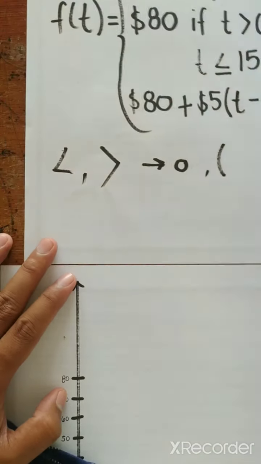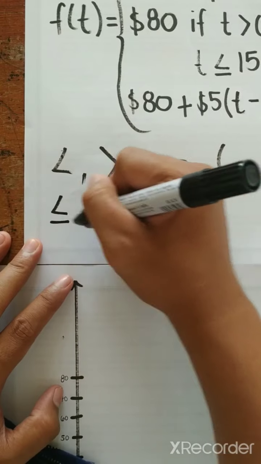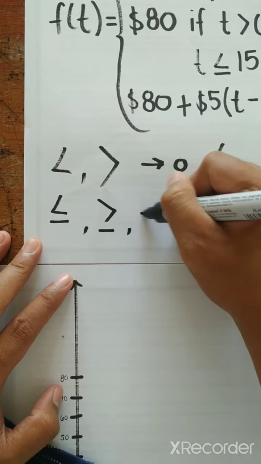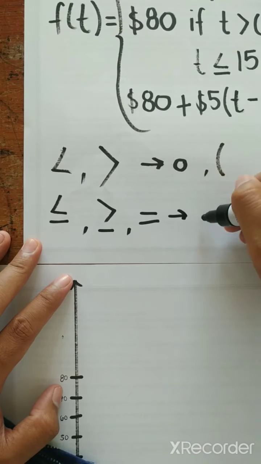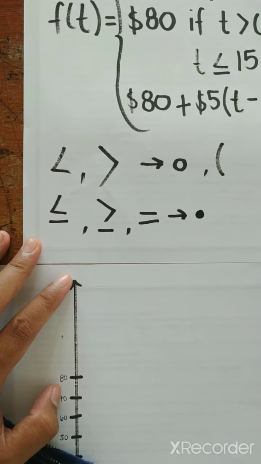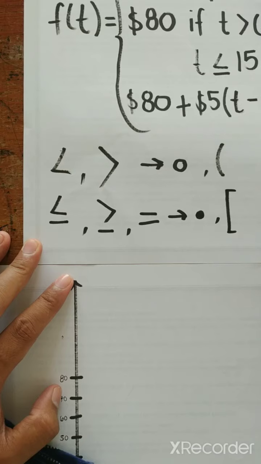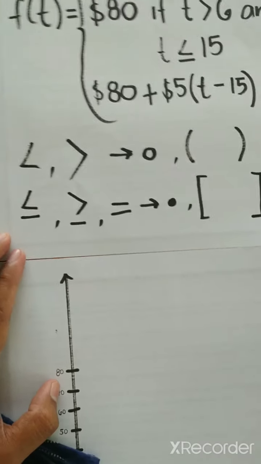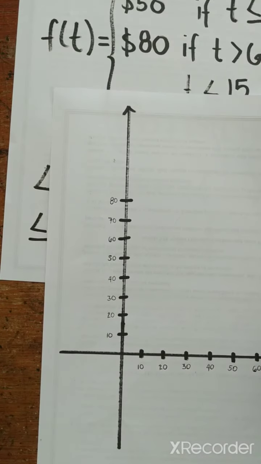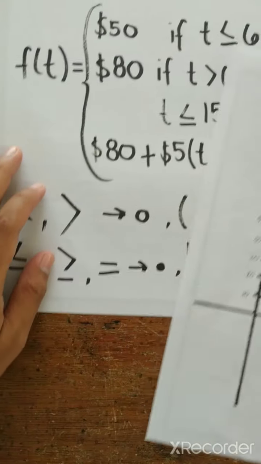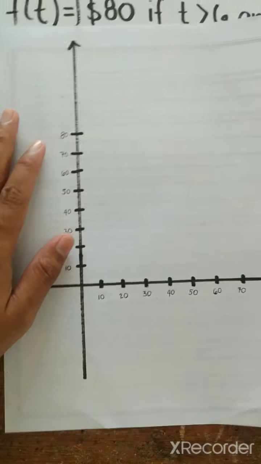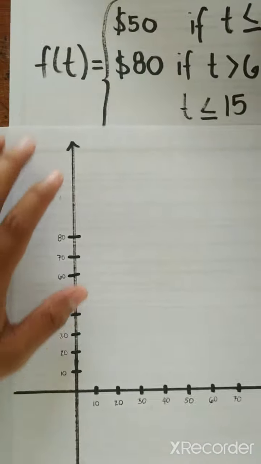And when it is the less than or equal to sign, greater than or equal to sign, or the equality sign itself, it will be a solid dot and a brace for our domain. Okay, at this point we are going to graph. I have already prepared a graphing paper here.